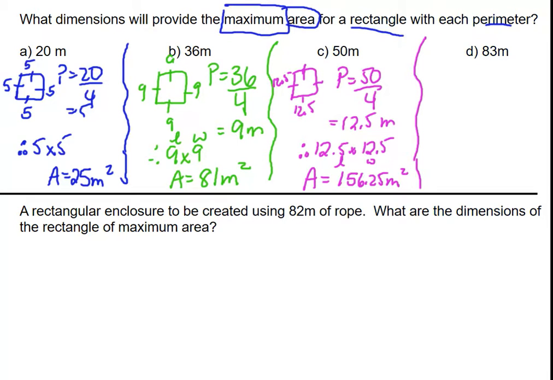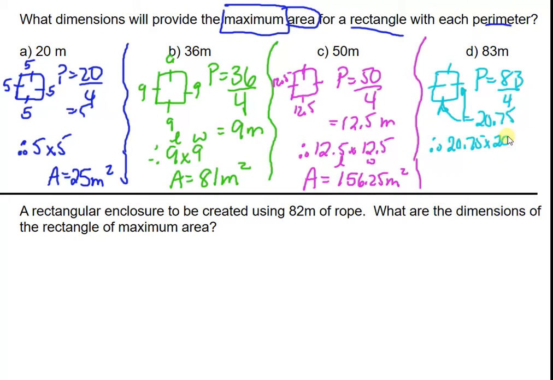Okay, and the last one, same thing, very repetitive. We're boxing in four sides of a rectangle, and the perimeter is 83. So 83 divided by 4, we get 20.75, and that goes here, and that goes here. So therefore the length is 20.75.